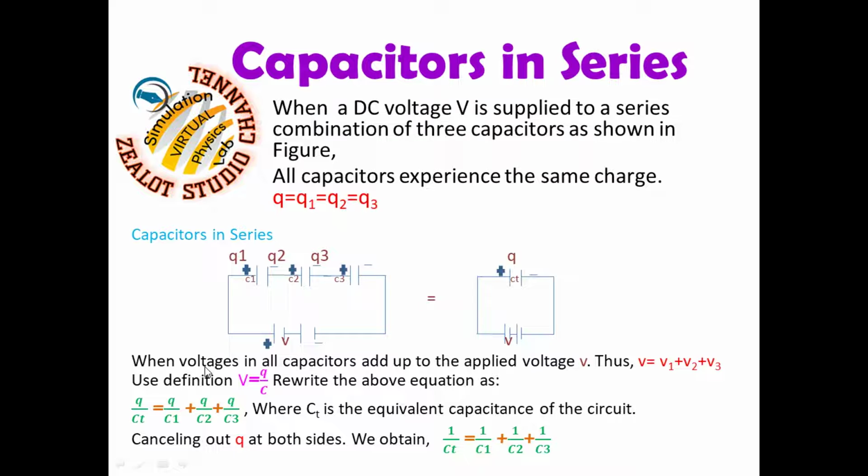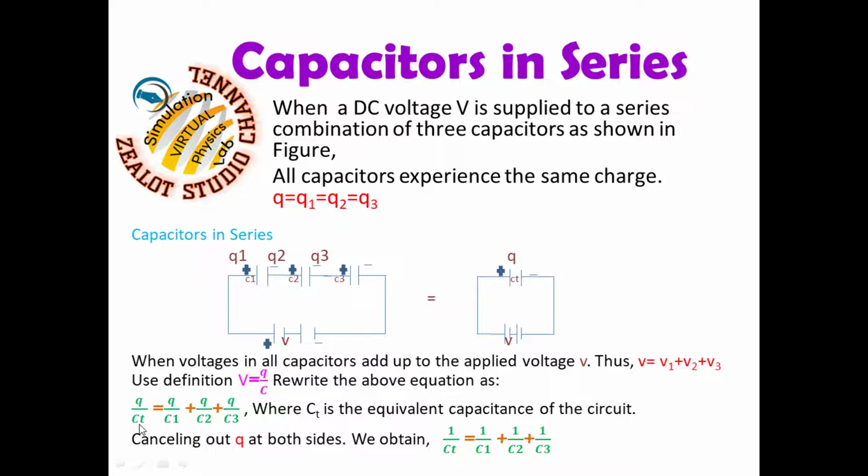Using the definition of voltage or potential difference, which is charge over capacitance, rearrange the above equation. V total is the sum of the applied voltages, V total equals V1 plus V2 plus V3. The definition of V is equal to Q over C. Here V total means Q over C total.